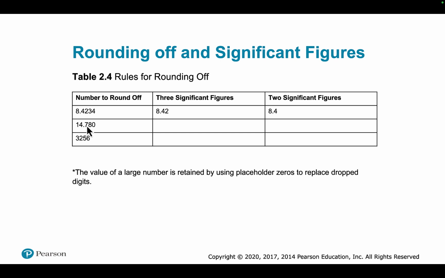I have to look to that 7, which is going to make that round up to 15. And then if I do the same in the last case, I'm going to end up with 3,260, or you can put that into scientific notation as 3.26 times 10 to the third, or 3,300, or 3.3 times 10 to the third.